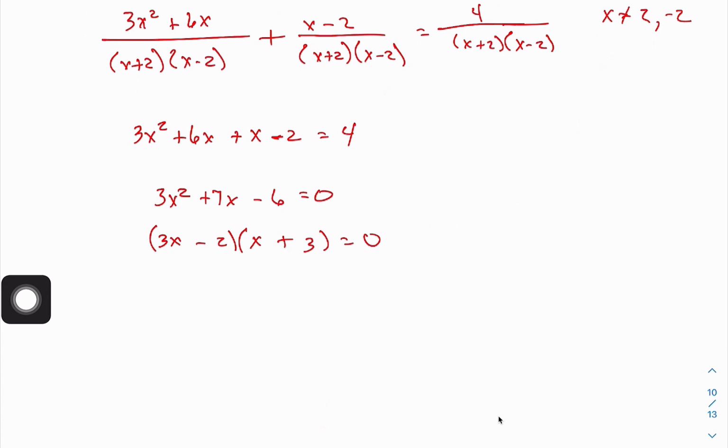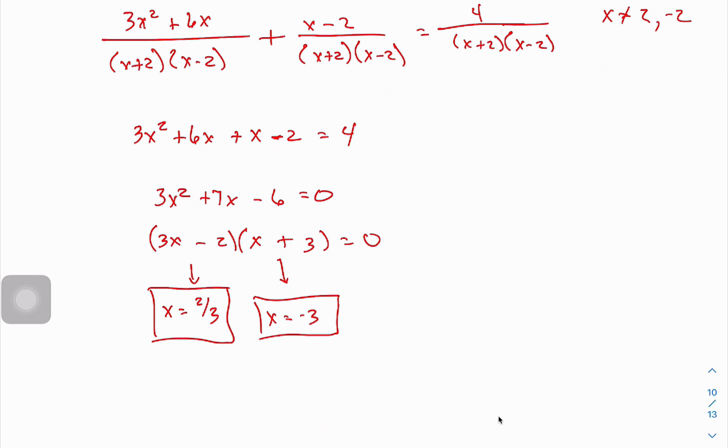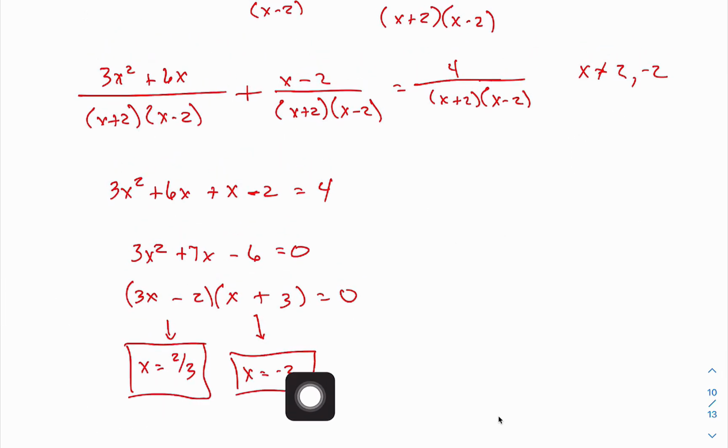And now we're right back to the zero product property again. This one, x is going to equal 2/3 when you solve that. And this one we end up with x equal to negative 3. Once again, it turns out that neither one of these happens to be one of the values that x cannot equal, so we don't have any extraneous solutions.